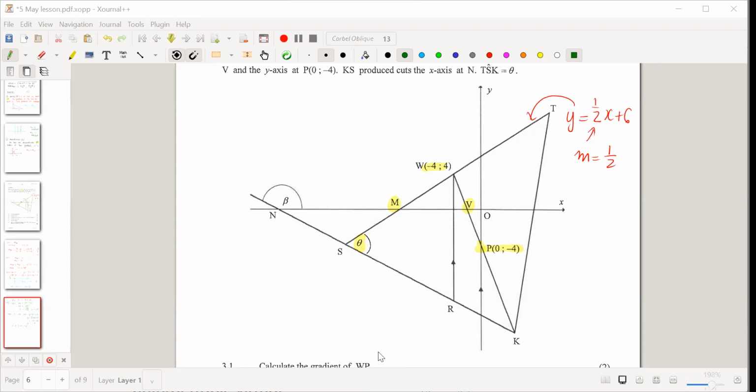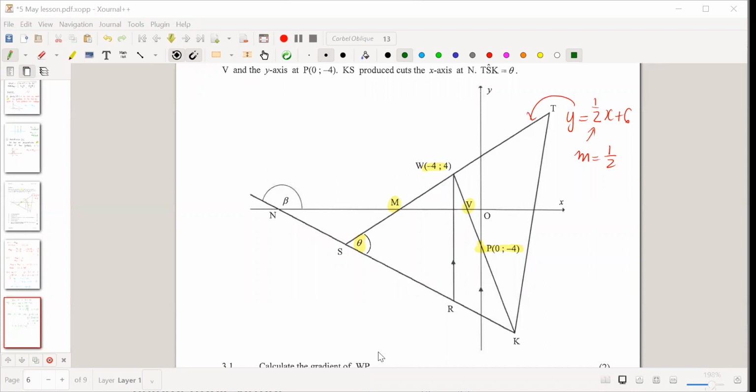So what do we do in this case? So we know the coordinate. Do we know the x-coordinate of R? That should be clear, isn't that so? By virtue of the fact that that line is parallel to the y-axis, it means that the x values are fixed, isn't that so?